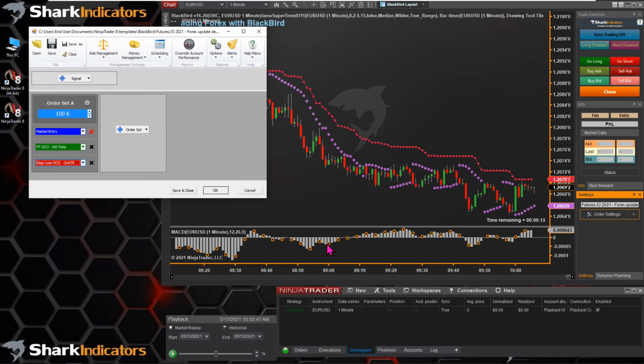So basically, in simpler terms, if the MACD momentum starts fading and going against the trade, by the histogram crossing that 0 line, then that's showing you that the market momentum is lightening up.